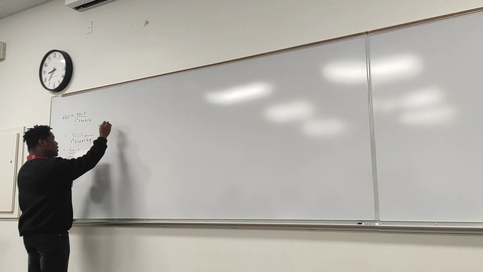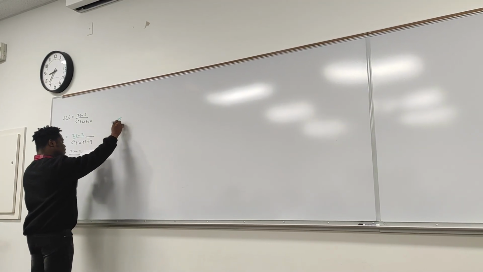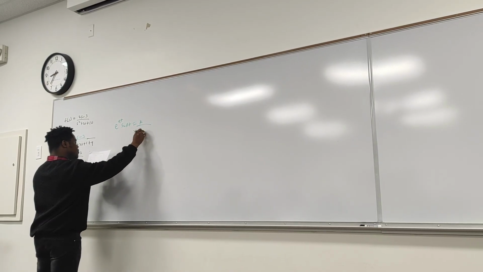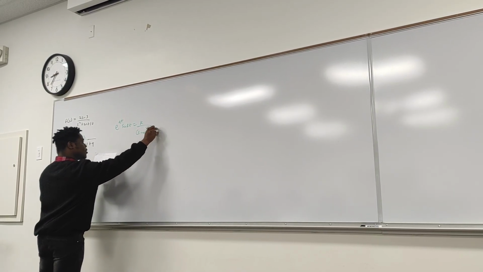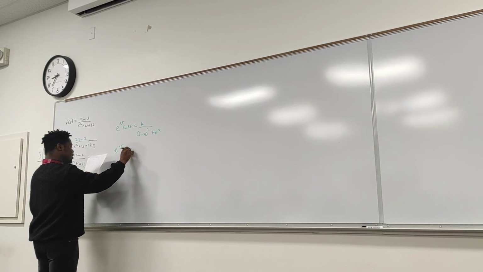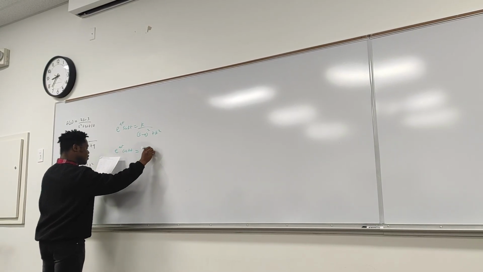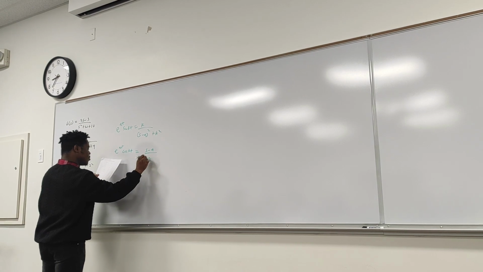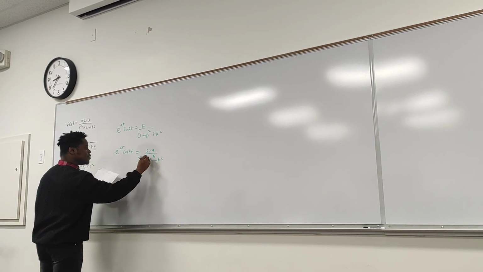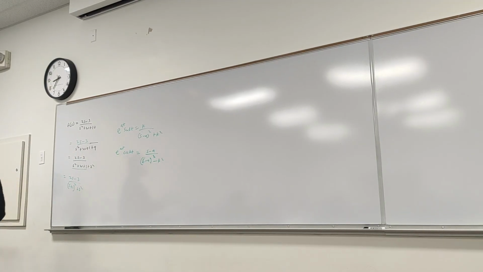Number 22 is e^(at) sin kt, which is k/((s - a)² + k²), while this one is e^(at) cos kt, which is (s - a)/((s - a)² + k²).